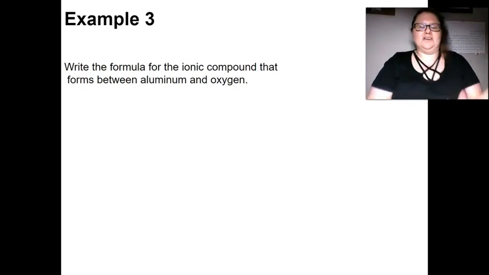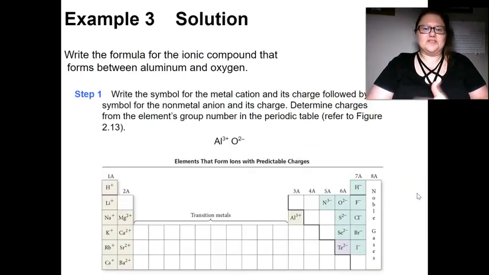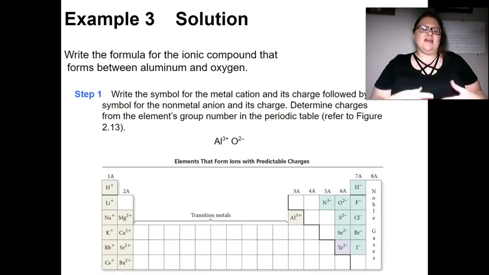And so if we find aluminum and the charge it'll form, oxygen and the charge it'll form, we could start to write a formula. In doing that, the first step is to write those symbols with their charges from their locations on the periodic table. Now I've also attached in this module a periodic table that has the charges and the name changes, because there are some name alterations to the elements depending on their charge.